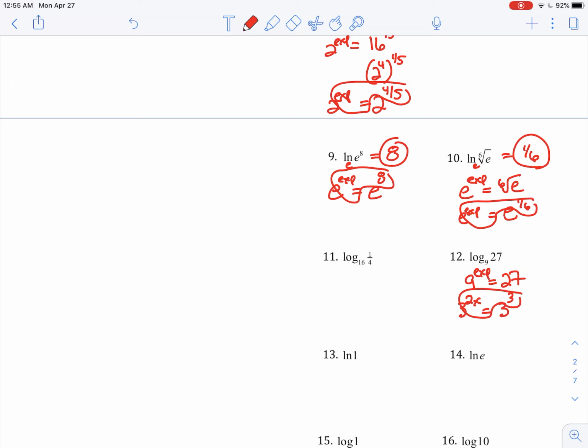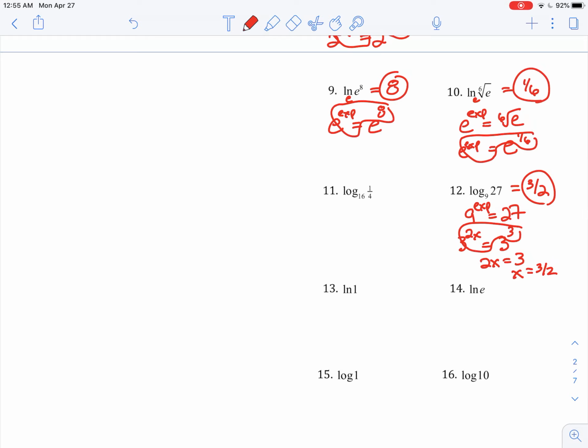And once our bases are the same, then we can set our exponents equal, which means that 2x would have to equal 3, or x is equal to 3/2. So the log of 27, base 9, is equal to 3/2.